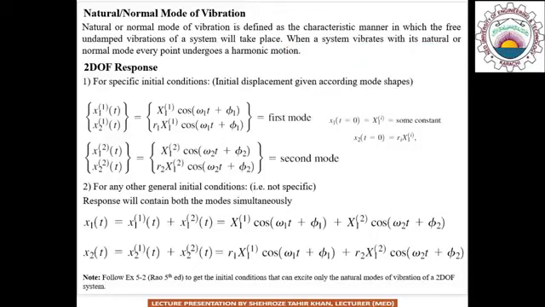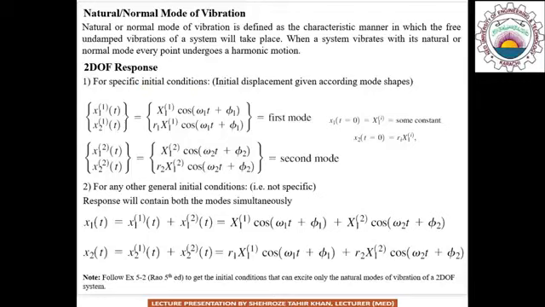Therefore, if we provide sufficient initial excitation at one of these natural frequencies, also called initial conditions, the system vibrates.